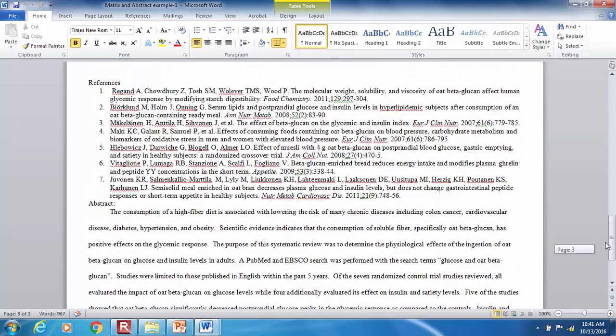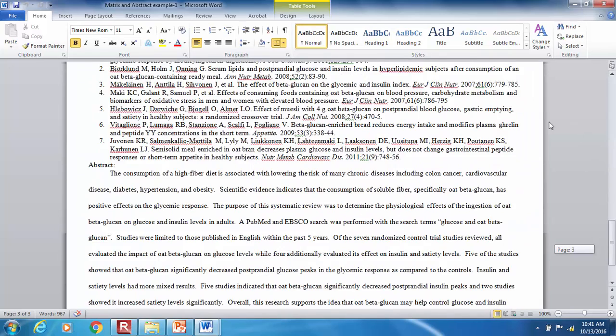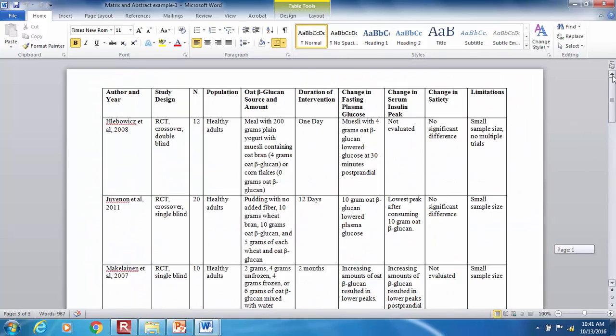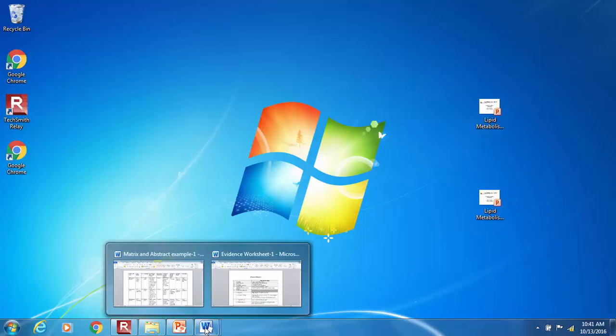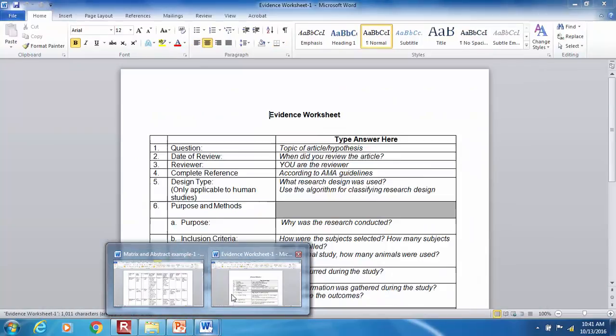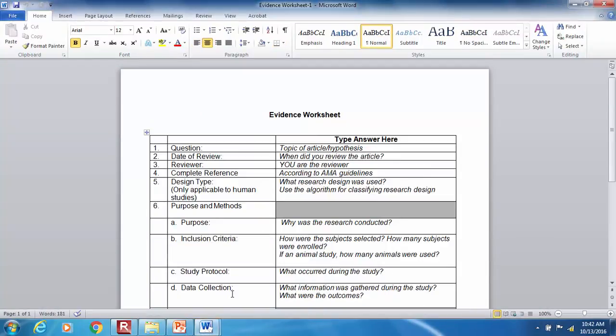And present here. But the other question that students ask is, because this is an example, this matrix is specific to those papers. So you guys will probably have a different story. So I think you can also use the evidence worksheet.